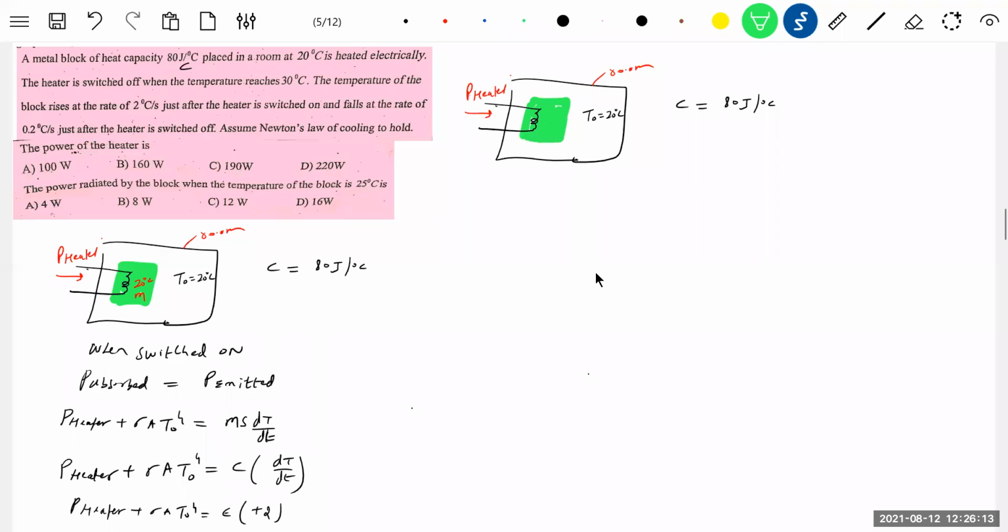Now it falls at a rate after the heater is switched off. What is the equation we shall write here?